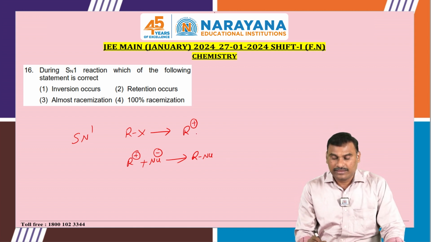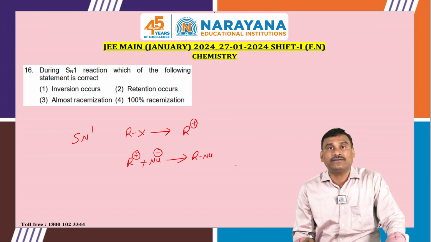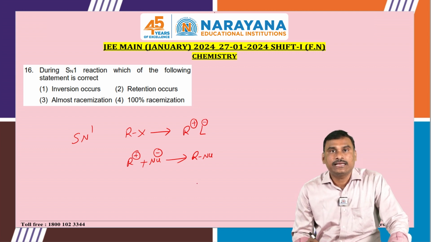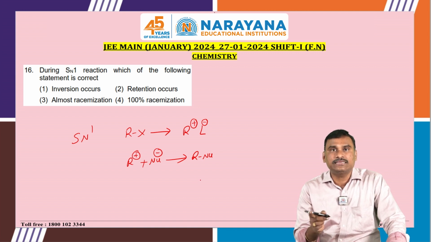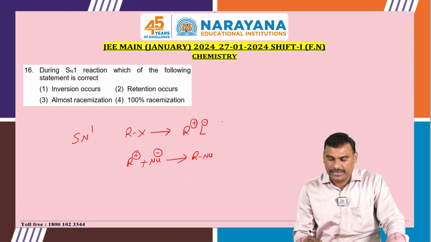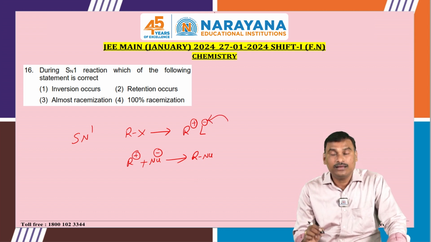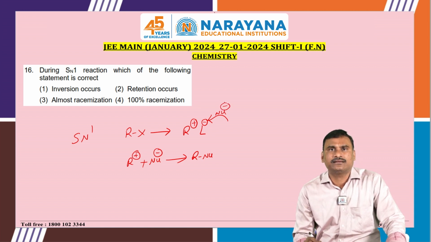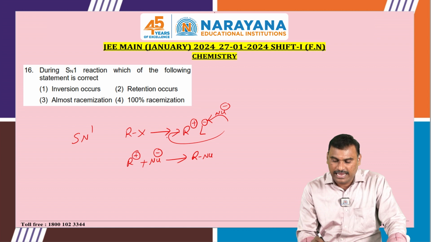But if the carbocation is not stable enough, it always forms an ion pair with the leaving group. Therefore, even after cleavage, the leaving group stays paired with the carbocation and forms an ion pair, which repels the nucleophile from the front side attack somewhat more than the back side attack.